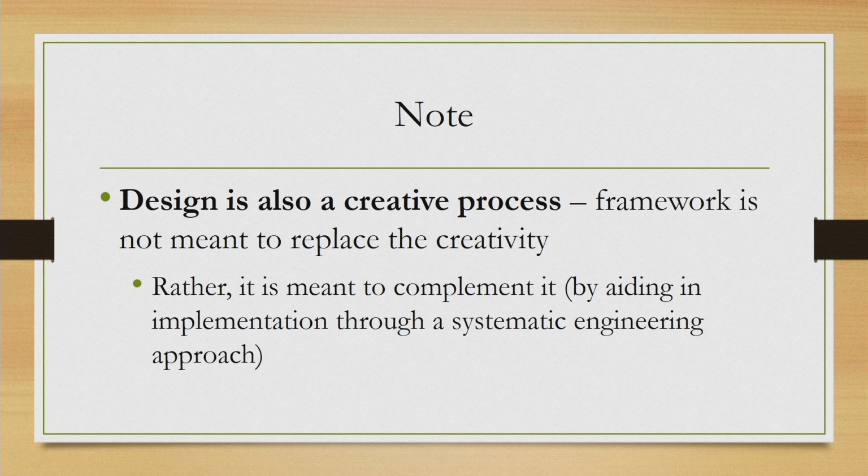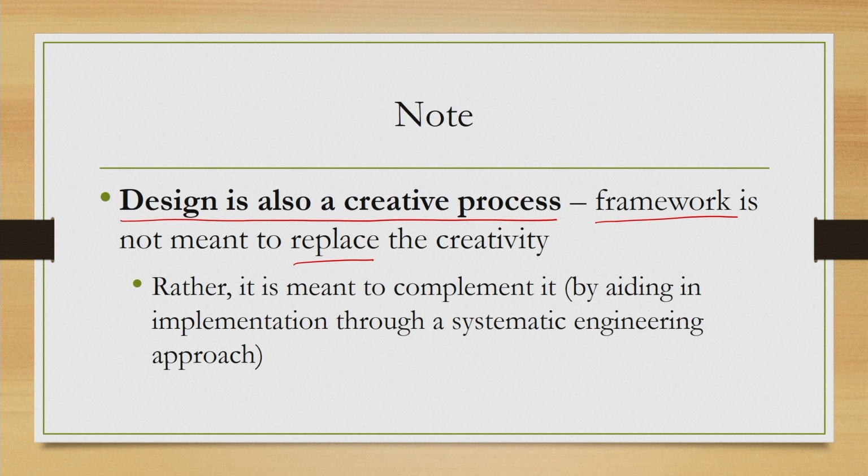But we should not lose sight of another very important fact, that is, any design is also a creative process. So, there are two components involved, one is the creative process, one is the systematic process. With the framework, this creative aspect we cannot replace. So, it is not meant to replace the creativity, you still require it.